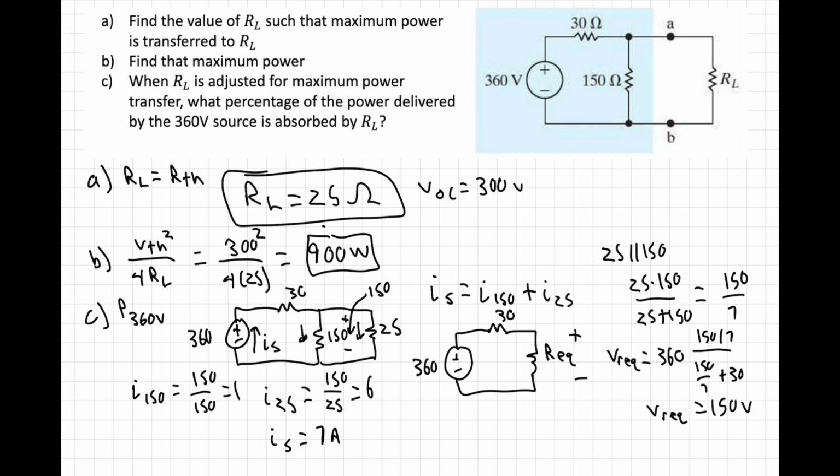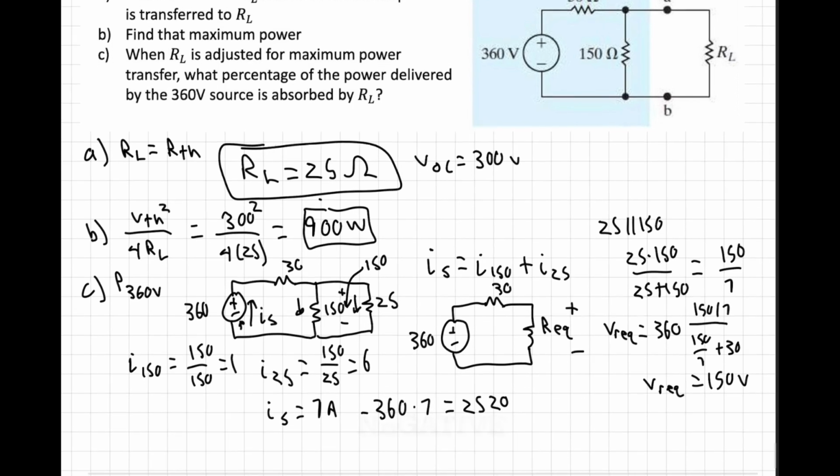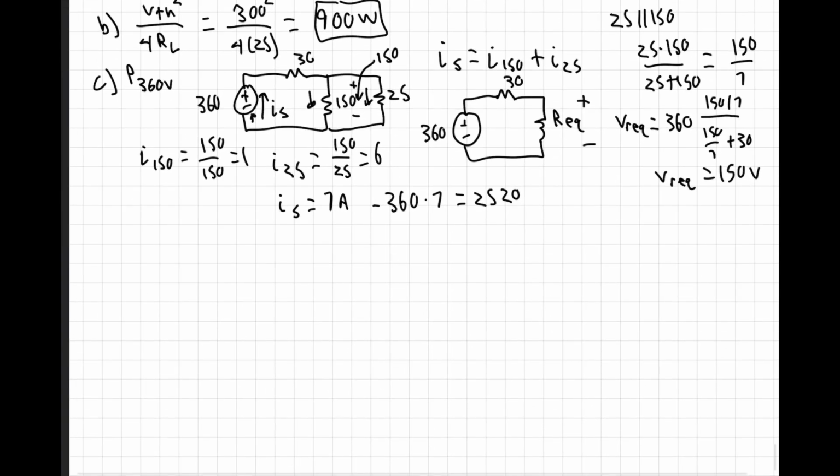Using the passive sign convention, we get 360 times 7 amps, and it's negative because we enter from the negative terminal. This is going to be equal to 360 times 7, which is 2520. The last part of this question is to find the percentage of the power delivered versus the power absorbed by that load.